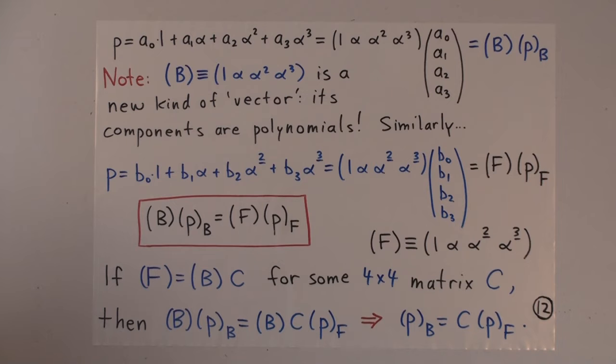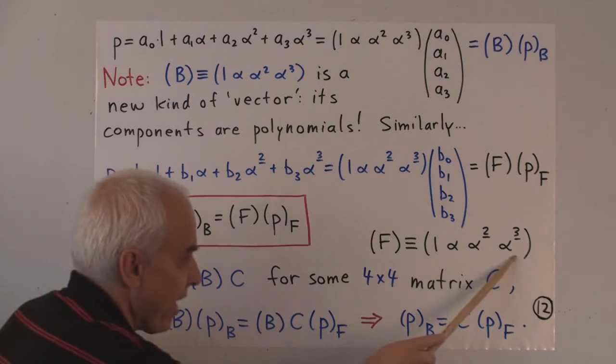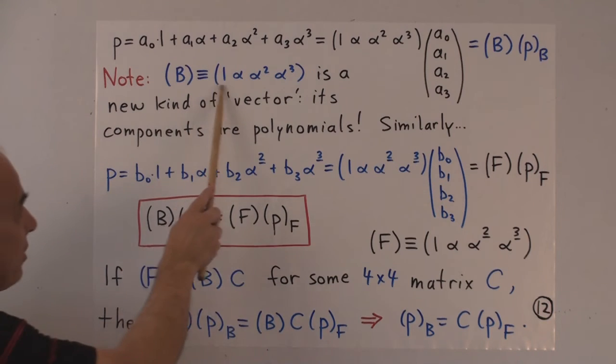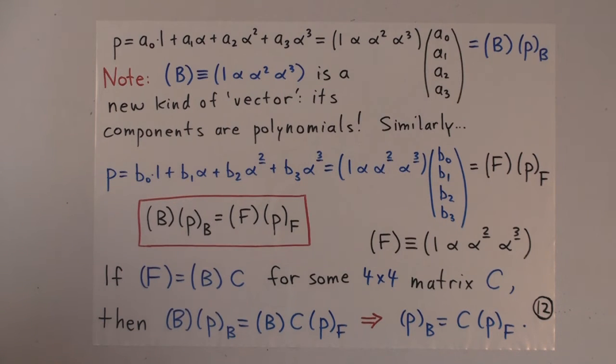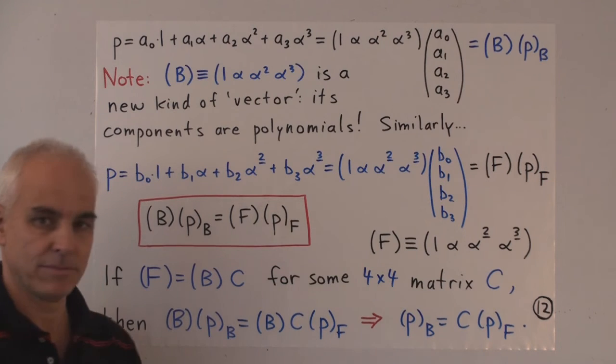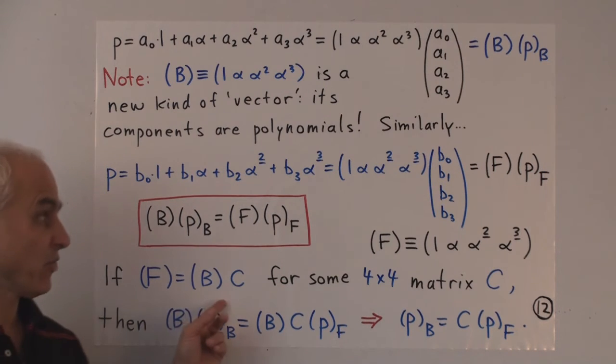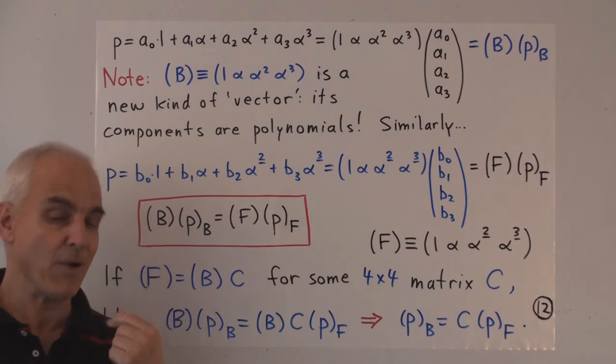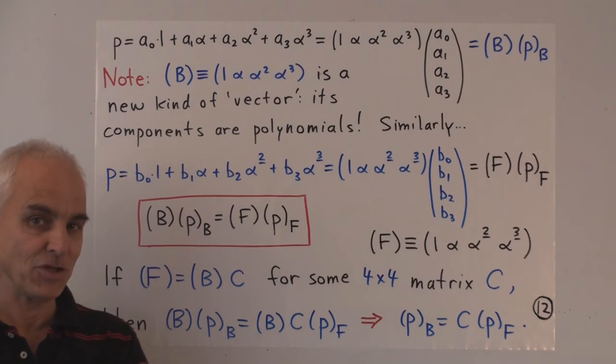All right, now suppose that we already know a relationship between the vector f and the vector b, these two row vectors. Suppose that we know that f is equal to b times some matrix C. In this case, it will have to be a 4 by 4 matrix. In fact, we do know such a relationship. We already wrote them down essentially on the previous page.